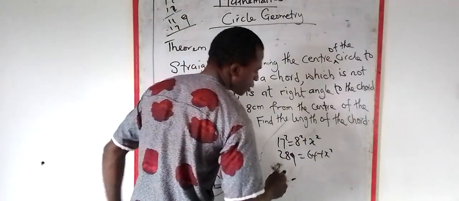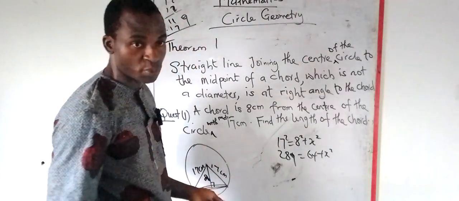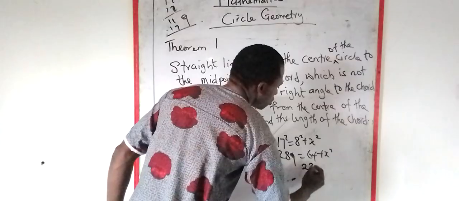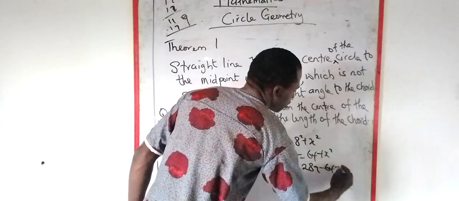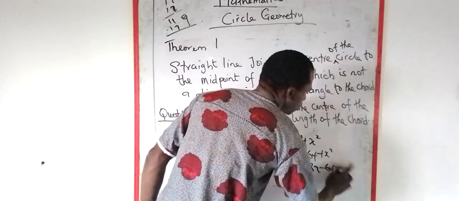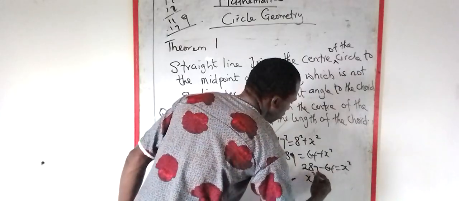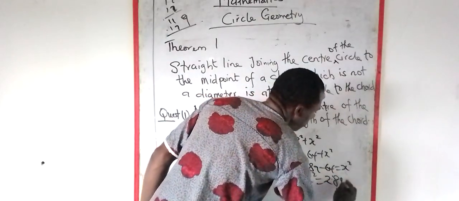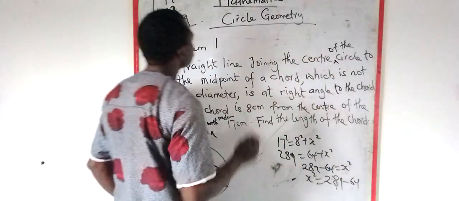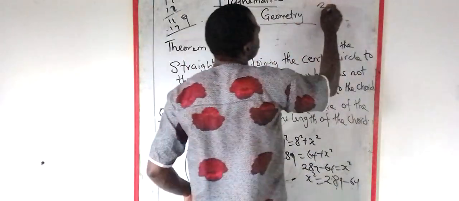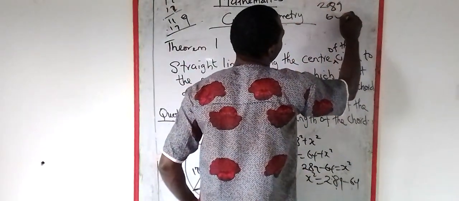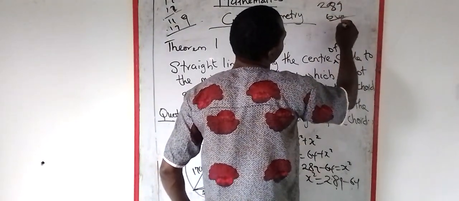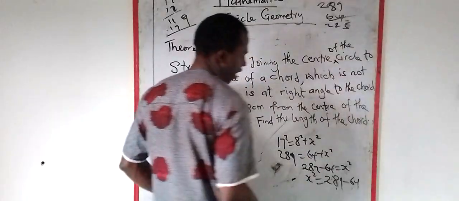By the simple equation principle, we have 289 minus 64 equal to x squared. We can rearrange it as x squared equal to 289 minus 64. 289 minus 64 will give us 225.